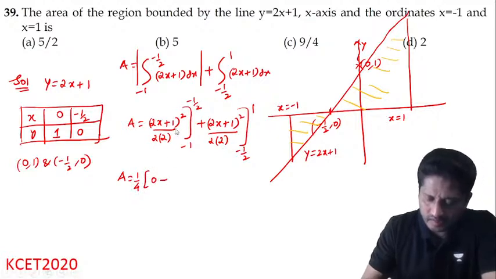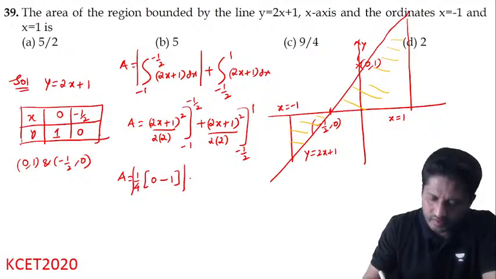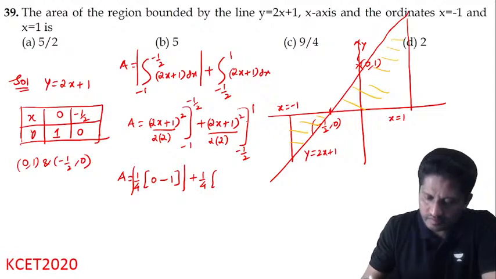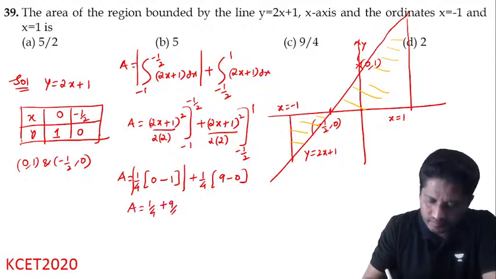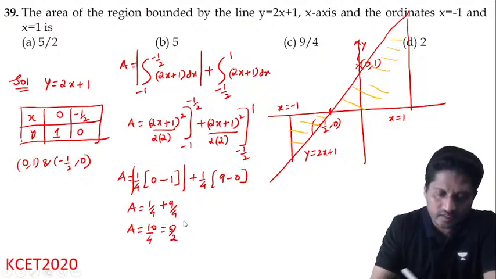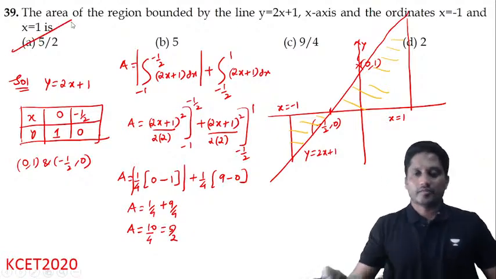Lower limit minus 2 plus 1, the whole square is 1. So there's a mod here, right? Plus 1 by 4, upper limit 2 plus 1, the whole square is 9. Lower limit is 0. This is 1 by 4 plus 9 by 4. Area is equal to 10 by 4, 10 by 4 is 5 by 2. Right, answer is option A. Let's move to the next question.